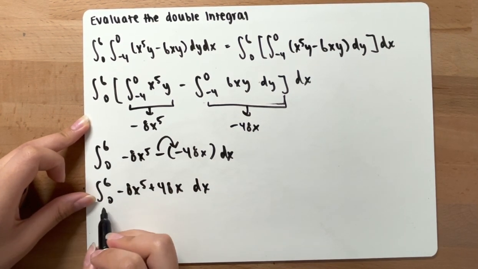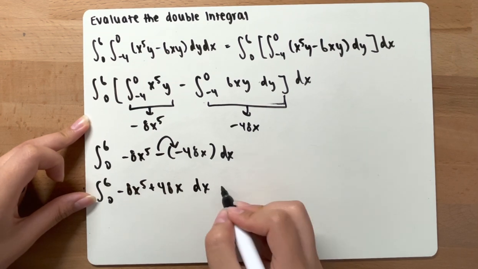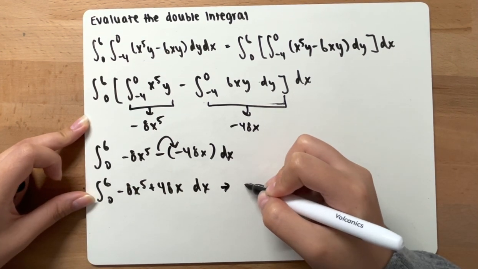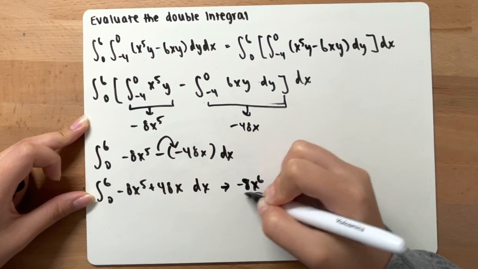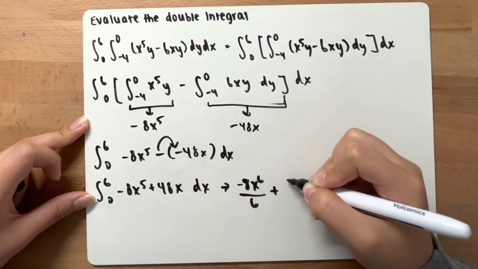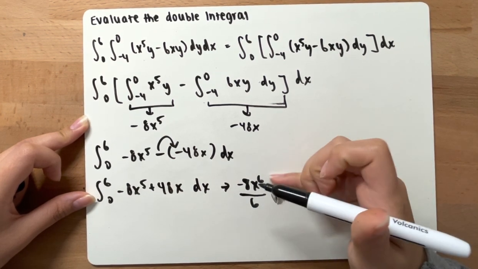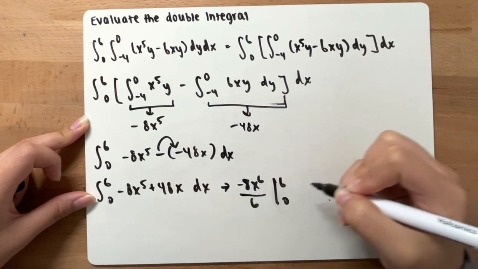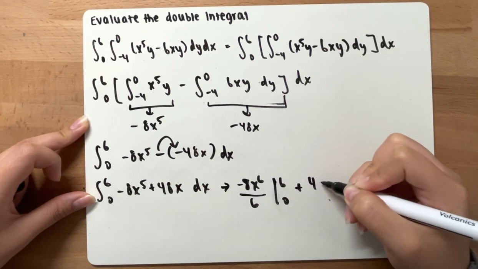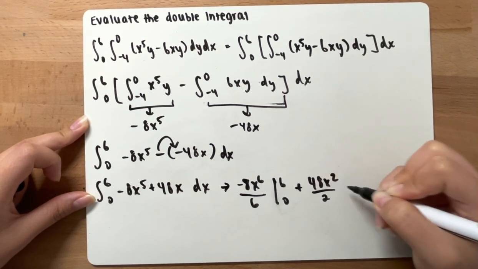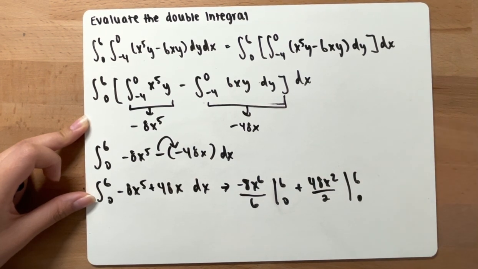Therefore, now integrate with respect to x. You have -8x^6 over 6 from 6 to 0, plus 48x squared over 2, 6 to 0.